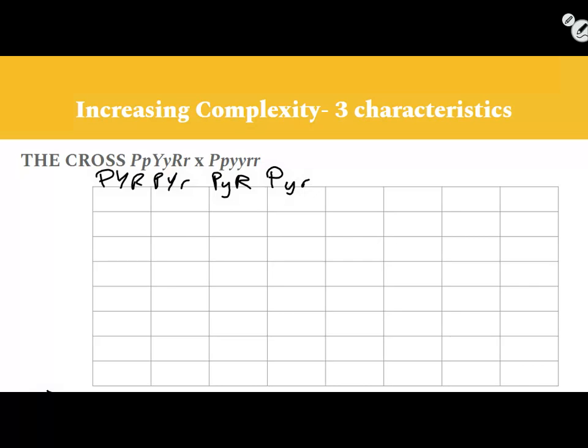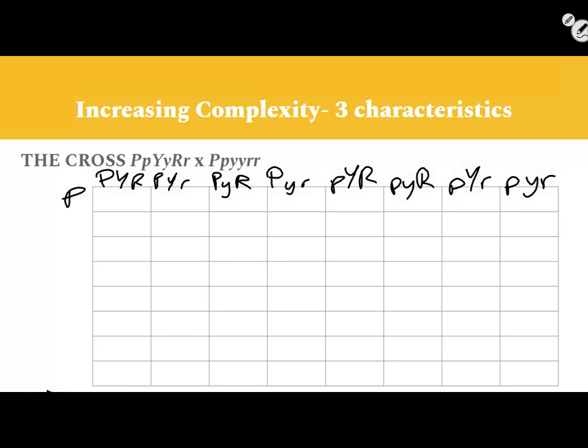All the different combinations up top, all the different combinations down the bottom. We can have little p, big Y, big R, little p, little y, big R, little p, big Y, little r, and little p, little y, little r. Yeah. Do it down the side. It's a little simpler.